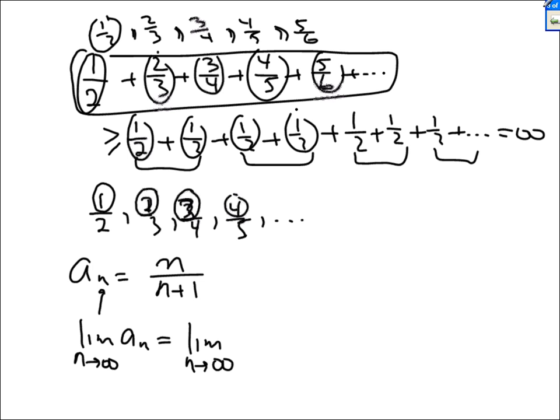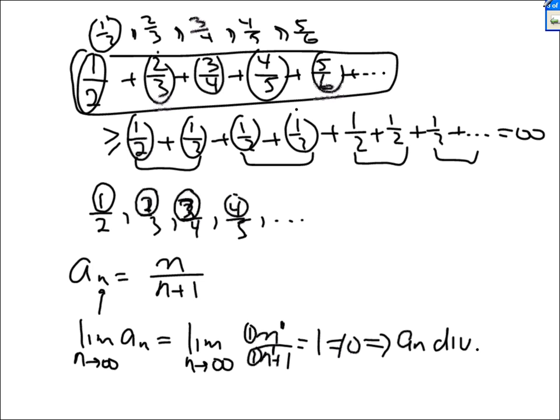When you add them up, we call it a series. A sub n is n over n plus 1. Since the highest degrees are both the same, you just divide the coefficients in front of them, and you get 1. This is not 0. That implies the series diverges.